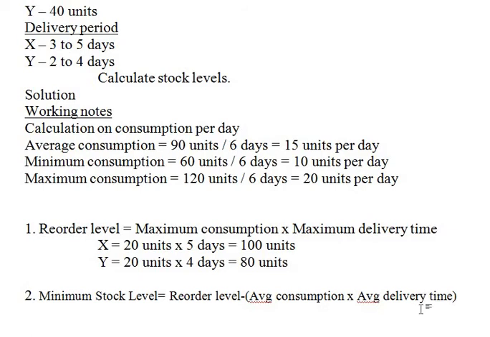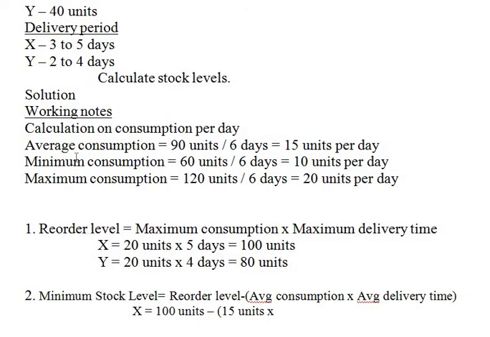Write down the formula. Minimum stock level is equal to reorder level minus average consumption into average delivery time. Again for both the components we need to calculate. So X is equal to reorder level for X, 100 units as per your first point, minus average consumption. As per your working note, it is 15 units per day, into average delivery time.